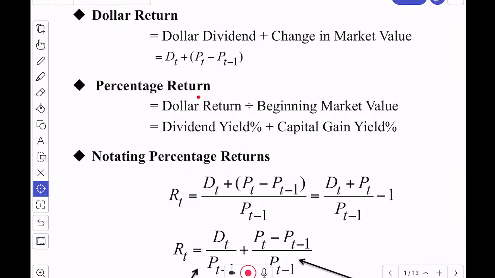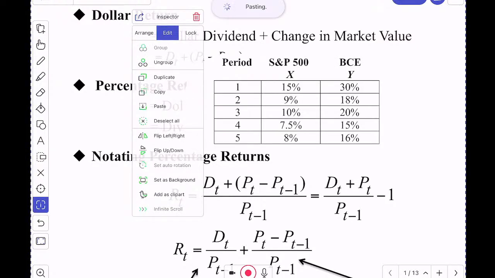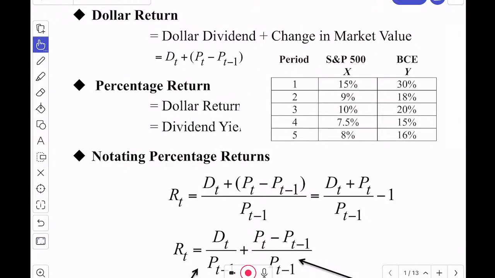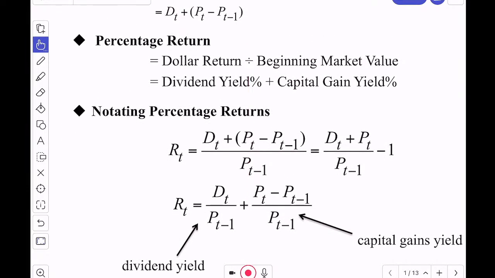But what we like is the percentage, right? The data that I showed you demonstrated the percentage return. So how do I get the percentage? Well, I have to take the dollar return and divide by the original market value. And this gives us something interesting. Here I'm going to take the dollar return and divide by the initial market value of the stock.